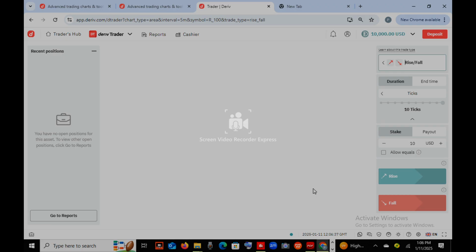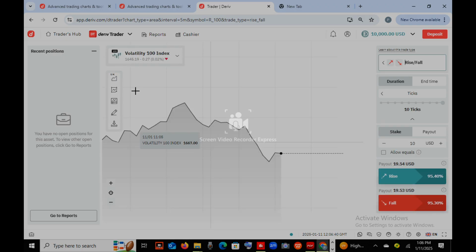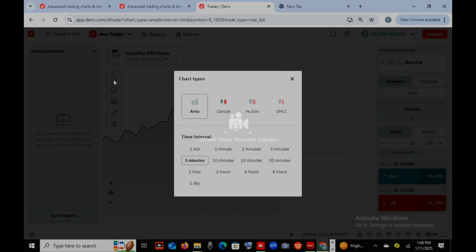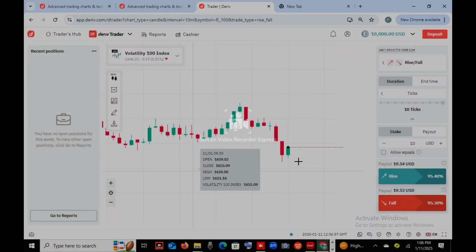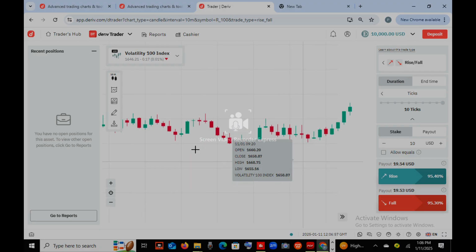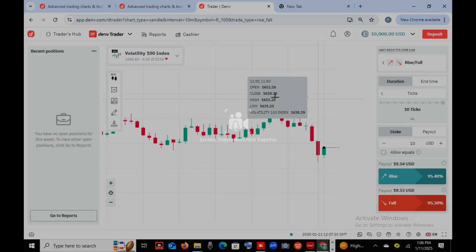Once you change it to rise and fall, you now come back here, and of course you choose your minutes, and you see your candle is already highlighted. You choose your candle and you close this, and of course your candle patterns now display. And now let's dive into it.